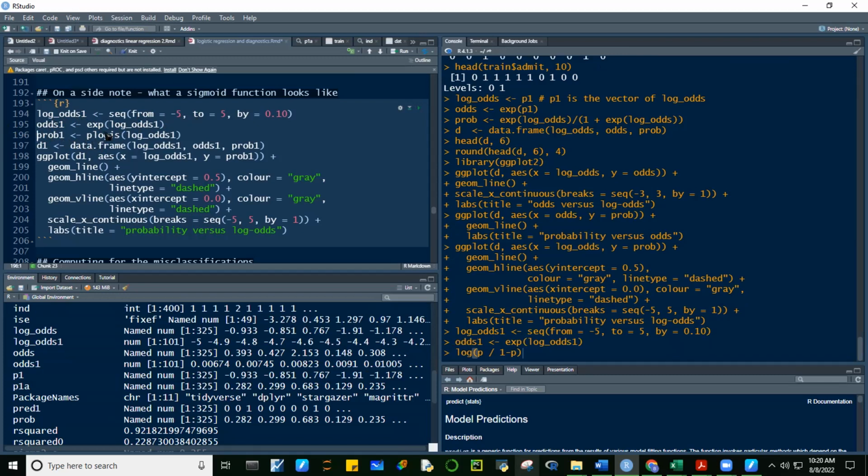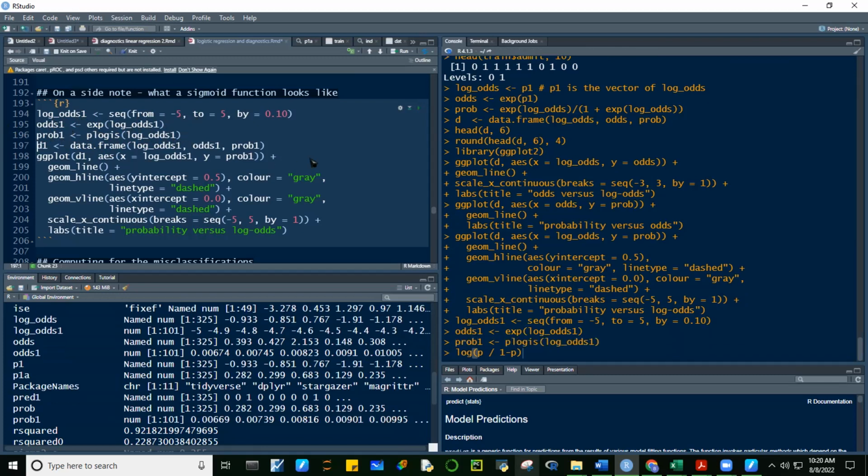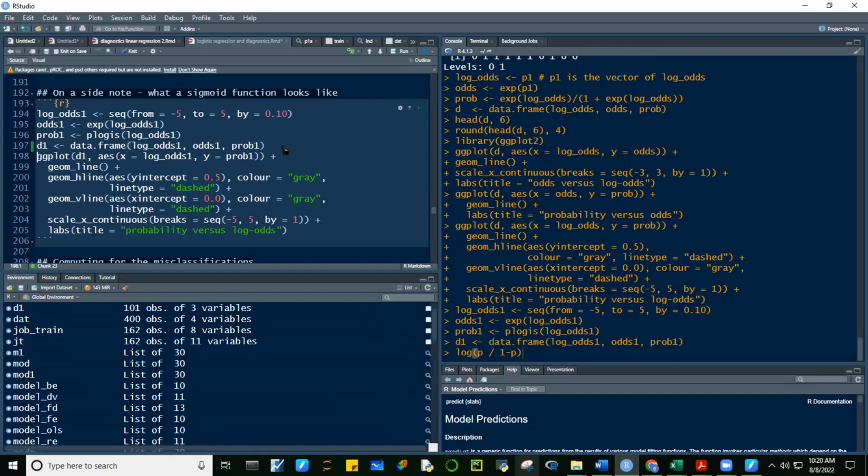Ito yung function niya, no? Which is just p log is ng log odds 1 to get the probabilities. Tapos pinagsama-sama natin dito, data.frame, si log odds 1, si odds 1, at saka si probability 1. Okay? We created this object D1.